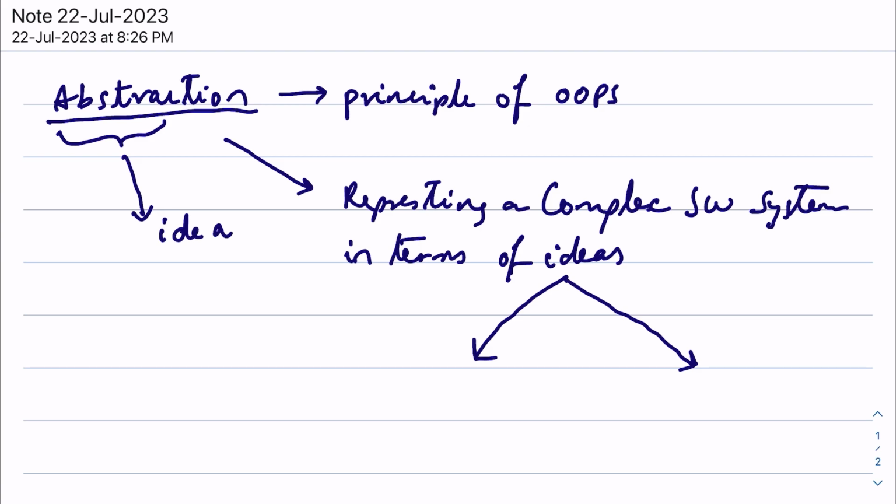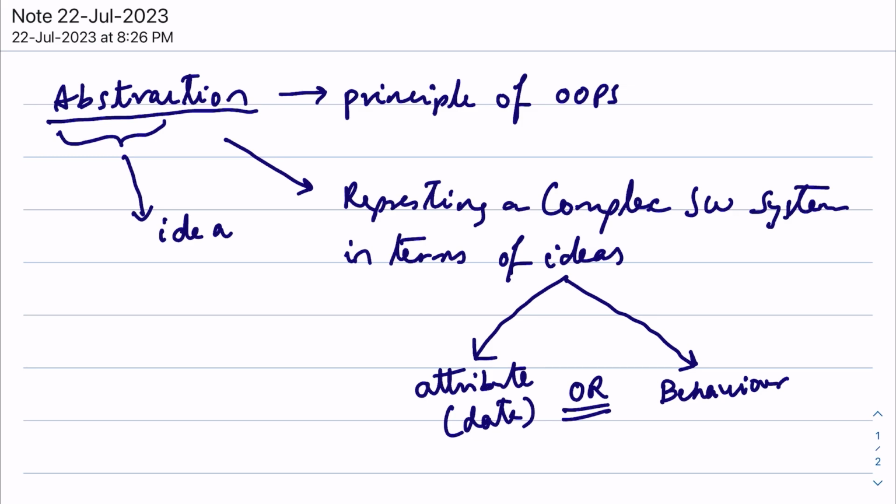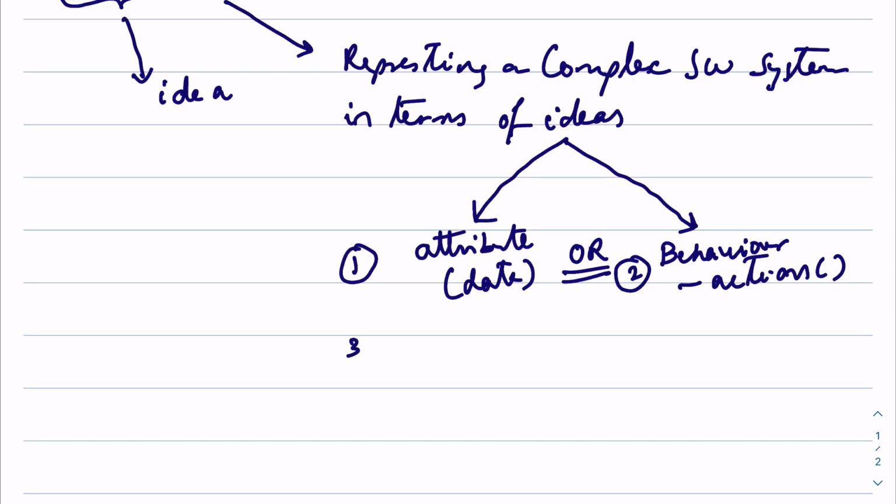An idea is something that has an attribute, that means it has some data, or it has some behaviors associated with it. Behavior means some kind of actions. So this is called abstraction. And the third point will be that others need not know the internal working of these ideas.